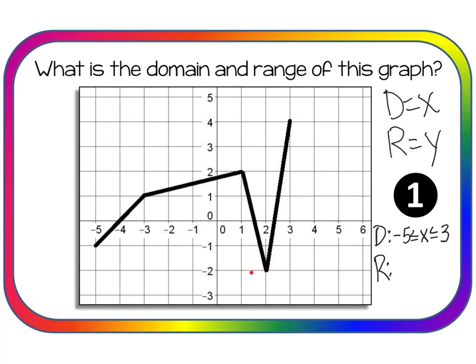So I go over to my y-axis, since range is y, so we look at the y's, and I see that it is at -2. So -2 is the smallest y value that we can have. Now I will look to see what is the biggest y value. As we go up, the numbers get bigger. So what is the furthest point up on this graph? Right here is the highest point.